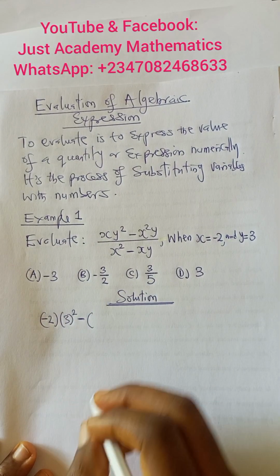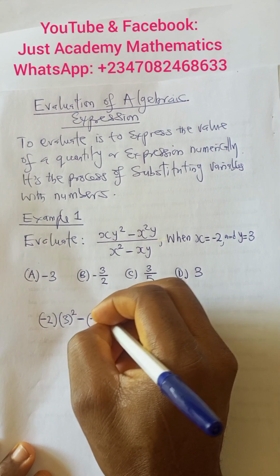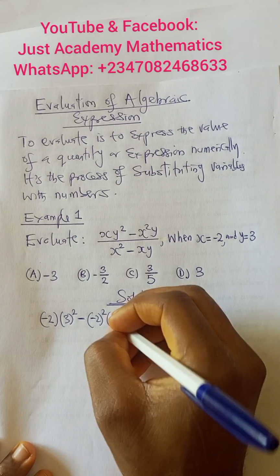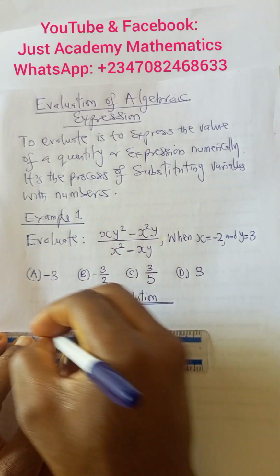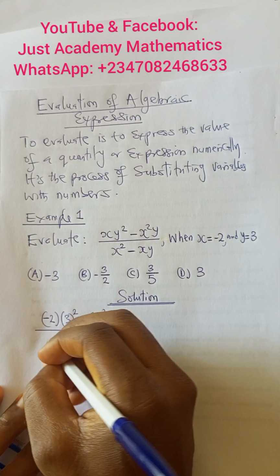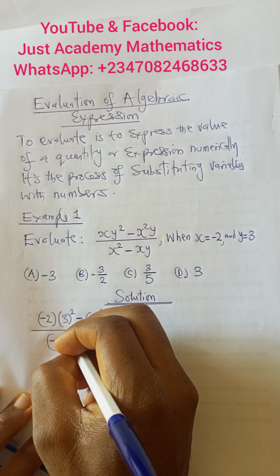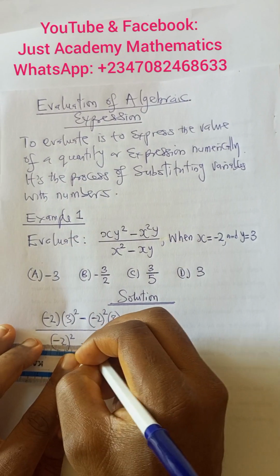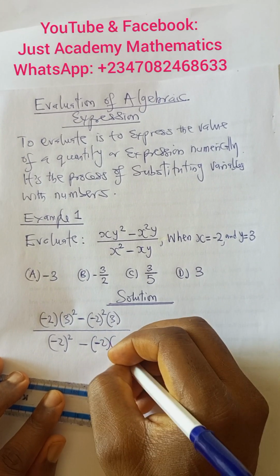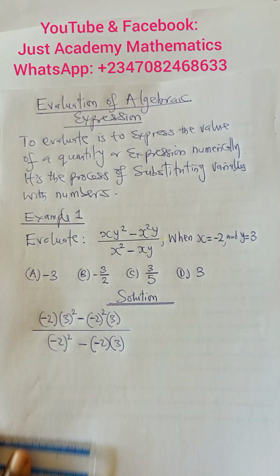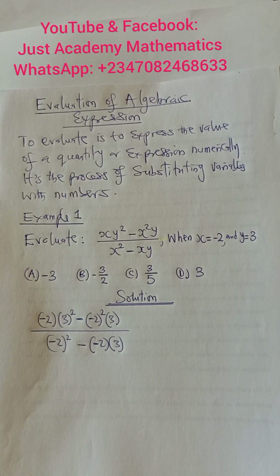Minus x is what? -2 square times y is what? 3. Then over, what is x again? -2 square, then minus bracket x is what? -2, y is what? 3. Always put them in brackets to avoid confusion.